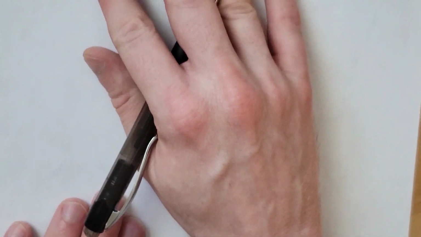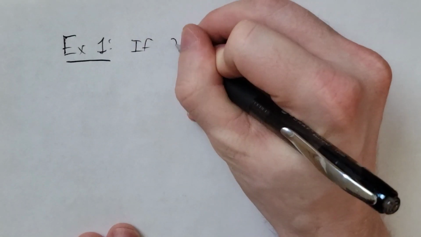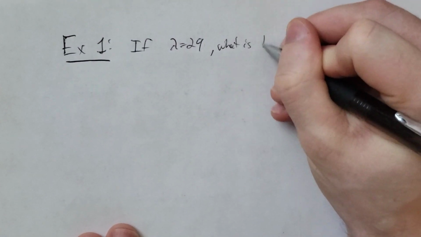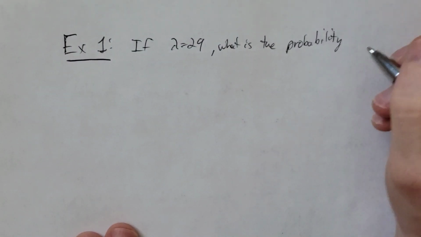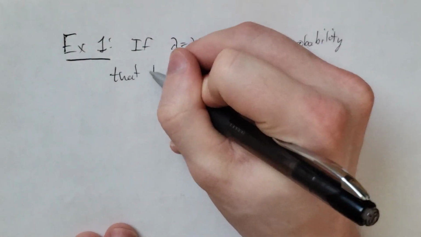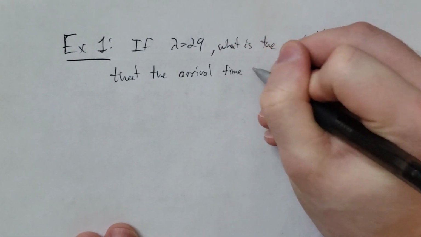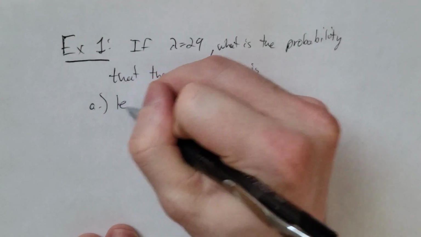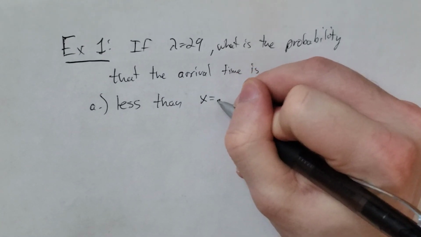So example 1: if lambda is equal to 29, what is the probability that the arrival time is less than x equal to 0.1?